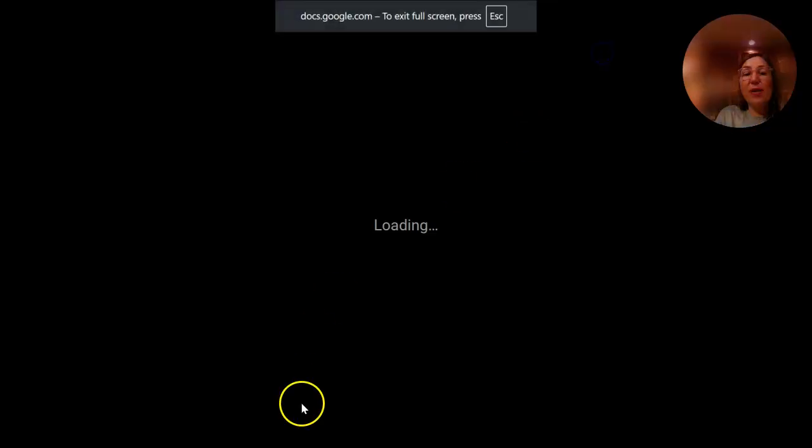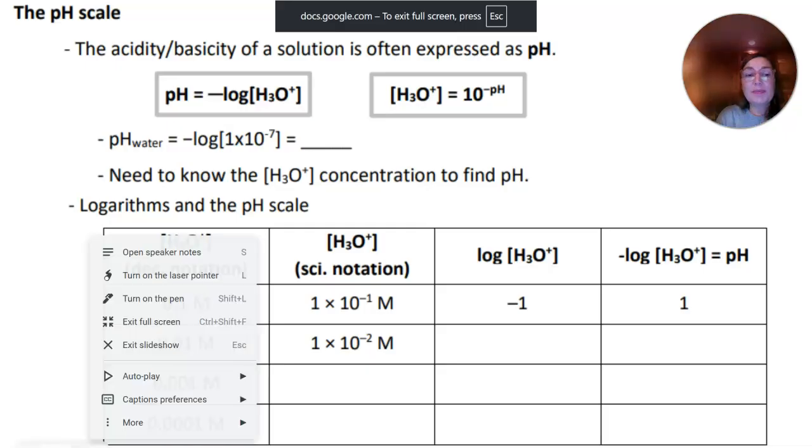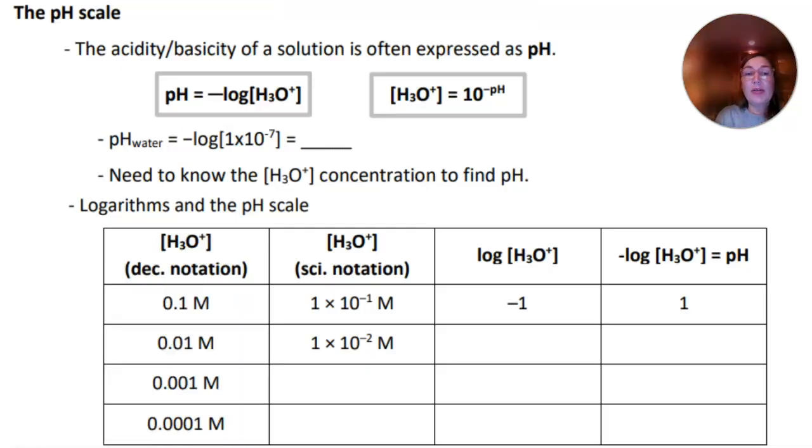So again, where are we at in our table? Well, we saw that 1 times 10 to the minus 1 is the same as 0.1. Took the log of that and we got negative 1, and then we switched the sign because there's a negative in front of it. 1 times 10 to the minus 2, when you take the log of it, is negative 2, and switch the sign, and it's 2.